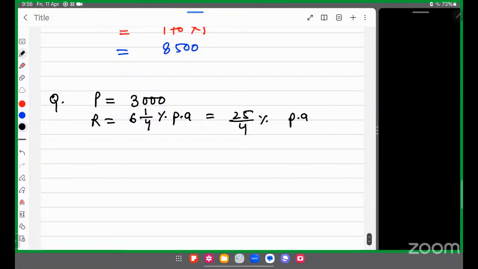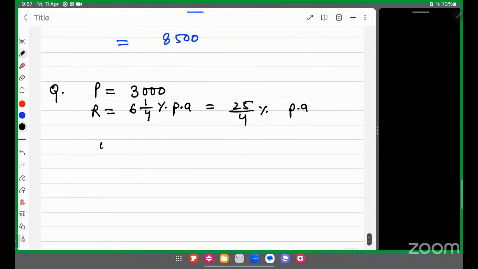And the interesting point in the question is we have to calculate the amount from 4th of Feb 2009 to 18th of April 2009.